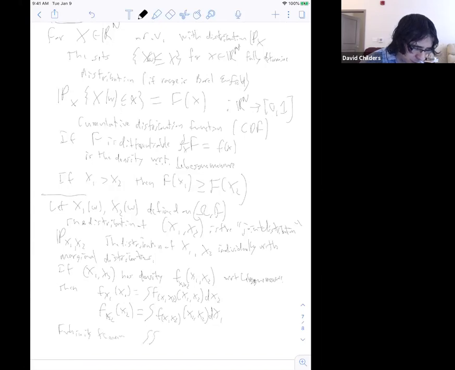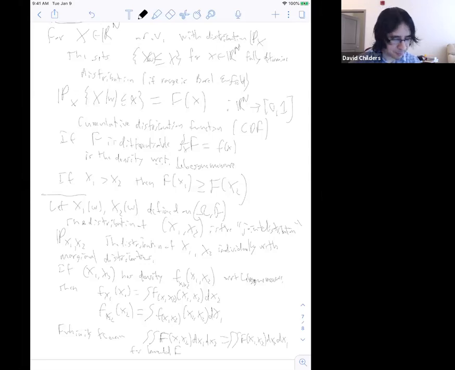So the integral of, let me call this big F, F(x1, x2) dx1 dx2 is equal to the integral of F(x1, x2) dx2 dx1, for let's say bounded F. So long as everything stays finite, you can switch the order.